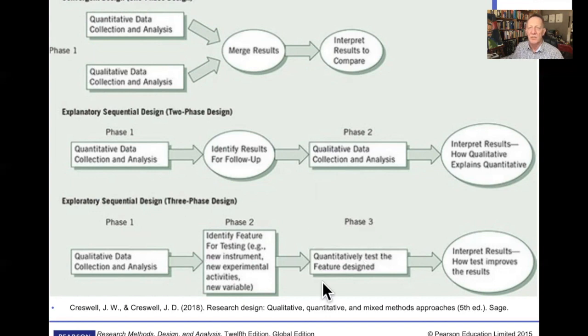Your main aim is to quantitatively test something but utilize the qualitative data analysis then to construct an instrument which you can use fully in a quantitative study. So, three examples explaining the previous table.